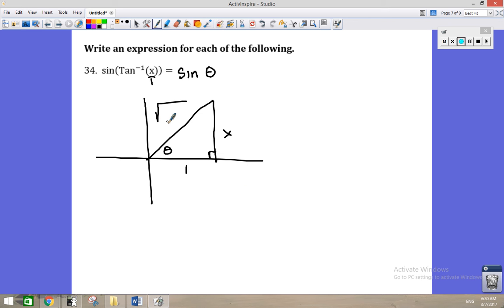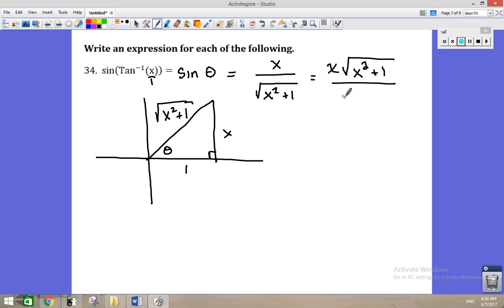By the Pythagorean theorem, this hypotenuse is the square root of x squared plus 1, so the sine of theta is the opposite leg over this hypotenuse, and let's rationalize that. So there's our final answer for 34.